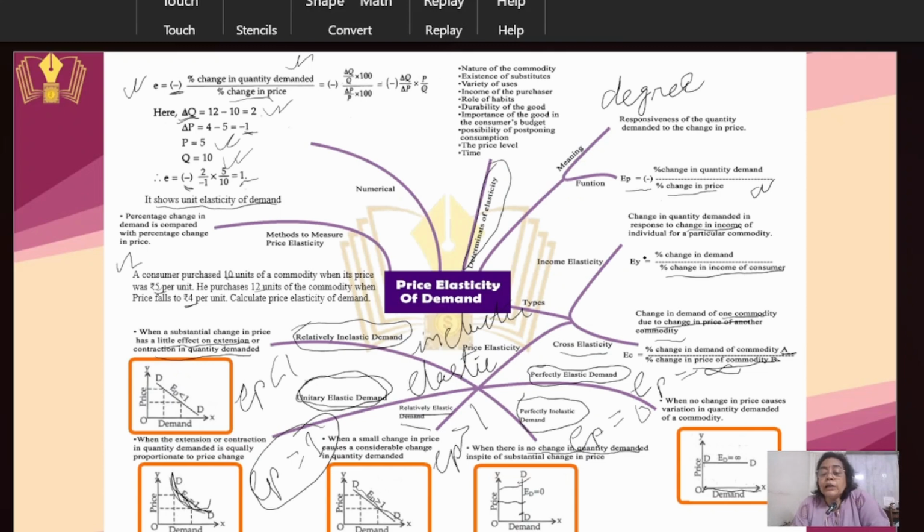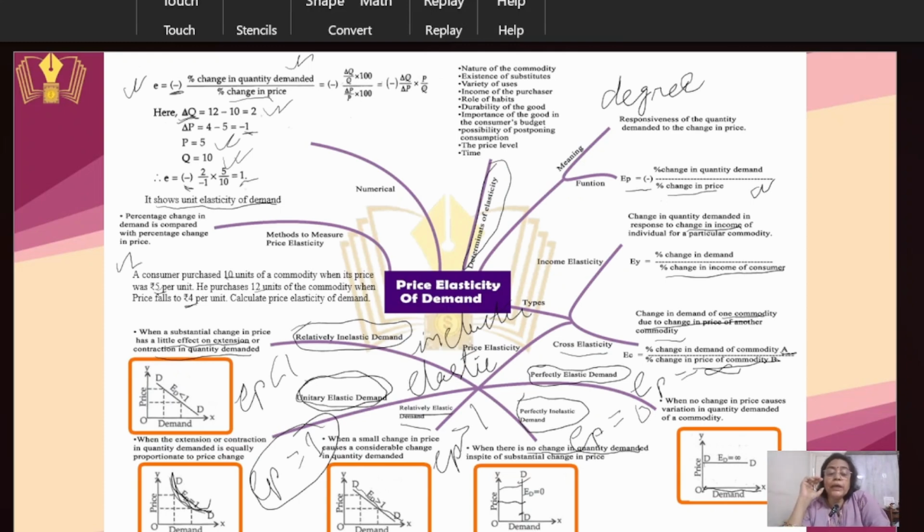Similarly, if you have to calculate income elasticity of demand, only the negative sign will not be there. So the percentage is directly given: percentage change in demand is this much and percentage change in income of the consumer is this much. You just need to put both the values and you can calculate in the same process. This way you can have a quick revision of the chapter.